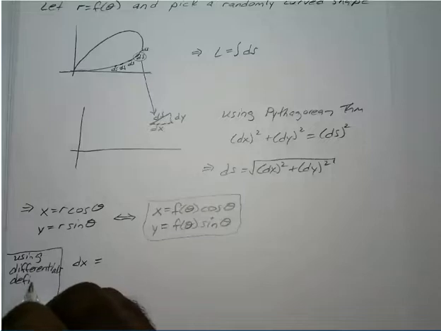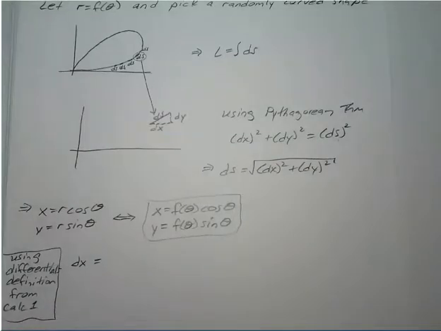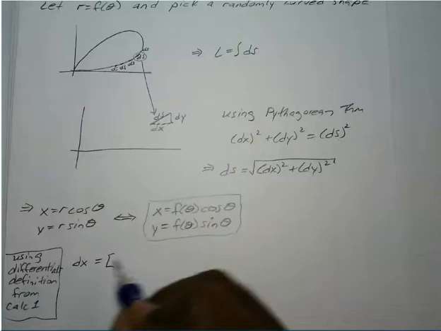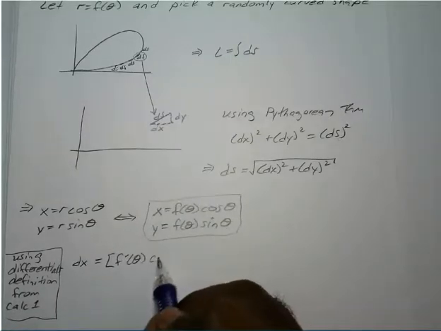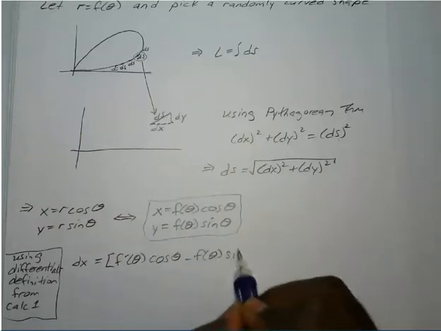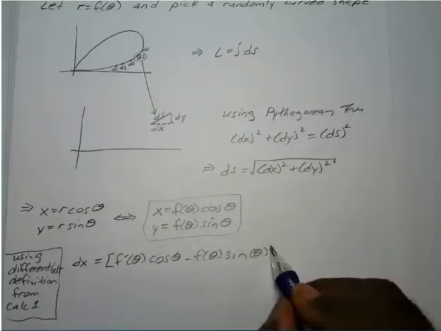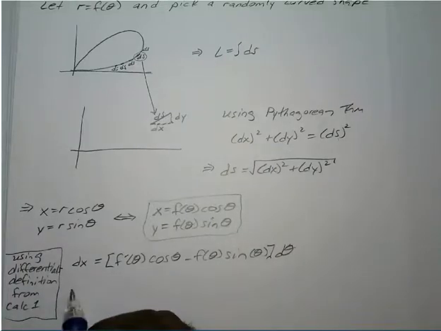Using the differentials definition from Calc 1, I believe it is, dx is equal to f prime of theta cosine theta minus f of theta sine theta, with respect to theta.